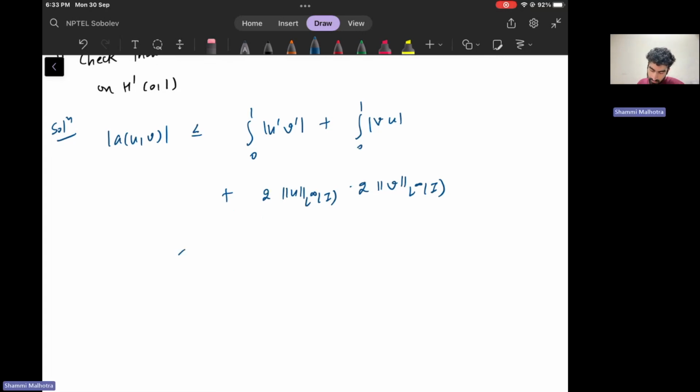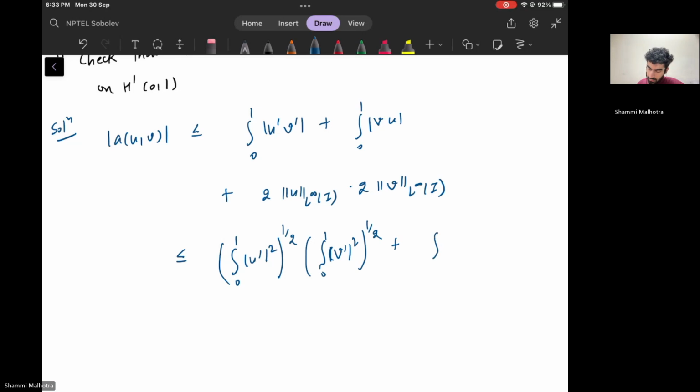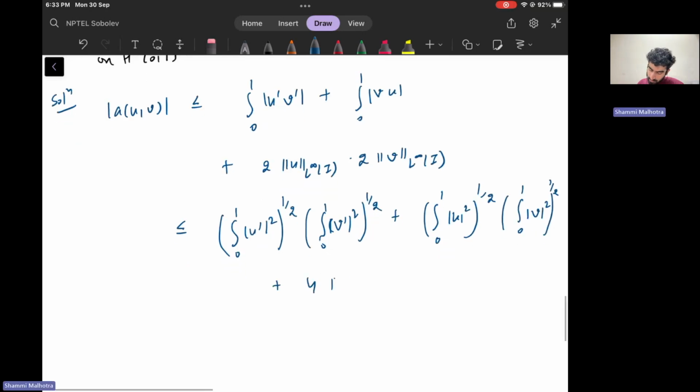So again, this whole can be written as less than or equal to the integral of u' squared to the power half, and the integral of v' squared to the power half, and again the integral of u squared to the power half, again using the Cauchy-Schwarz, times the integral of v squared to the power half. And this is nothing but 4 times the L infinity norm of u and v.